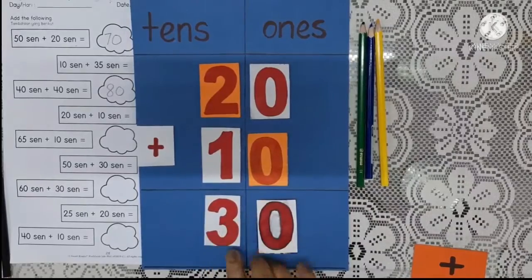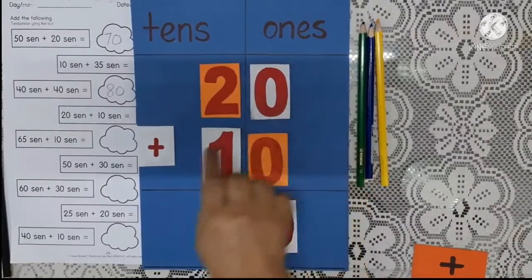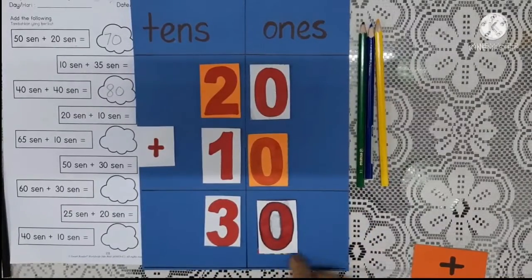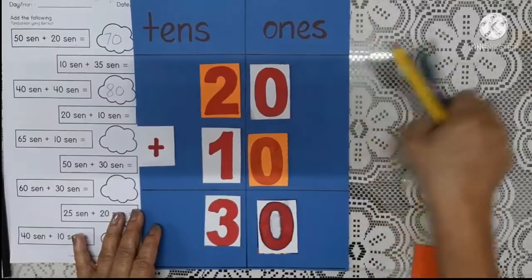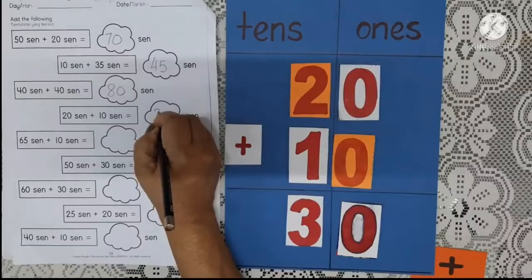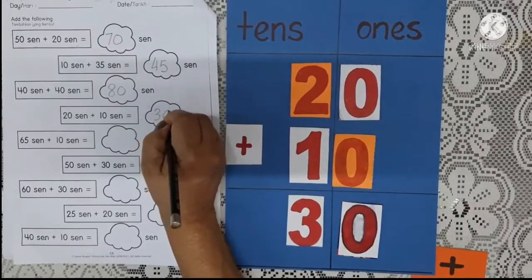So what number is this? 30. So 20 plus 10 equals 30. Now let's write it down. 30 cents.